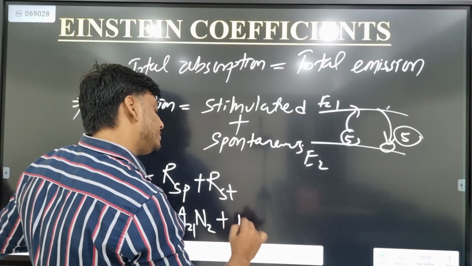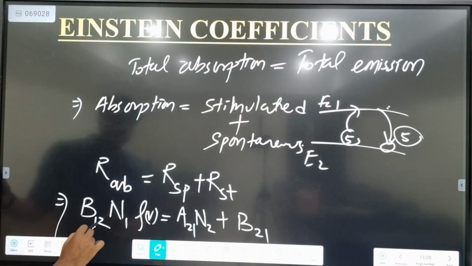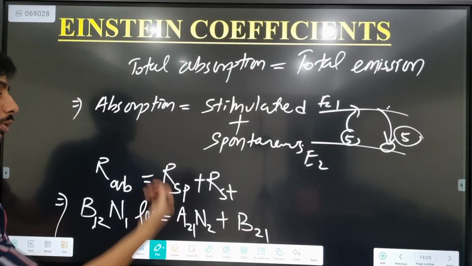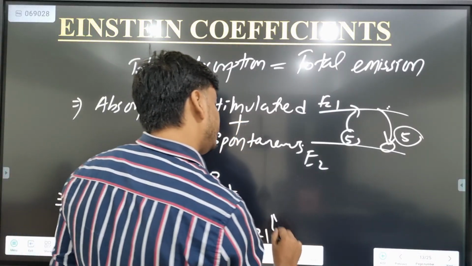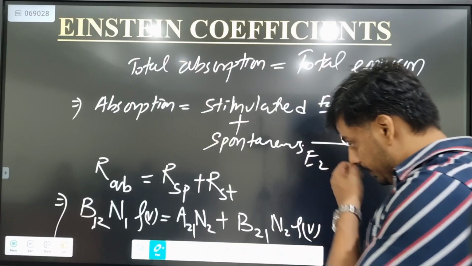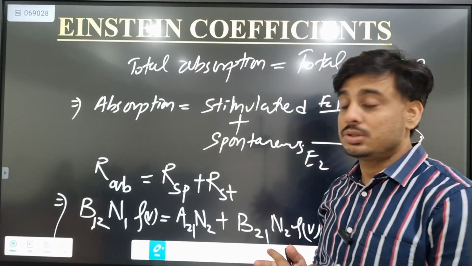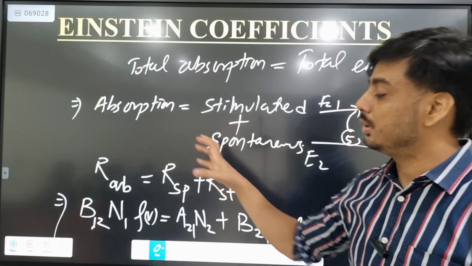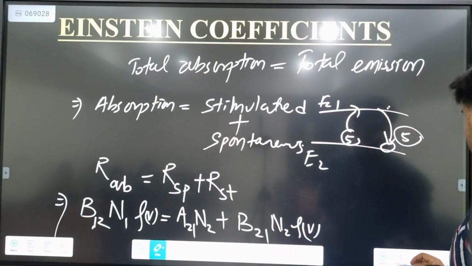Plus stimulated means again B21. Here is the difference: this is B12, particles are moving from lower to higher. Here particles are moving from higher to lower, and involvement of energy is there, so rho. This is the equation we get in thermal equilibrium. Now we have to rearrange this equation in order to find the relation between B12, B21 and A21.